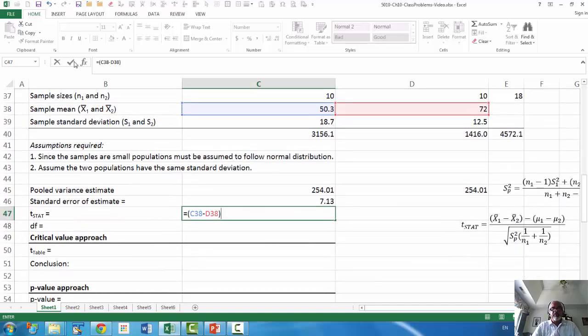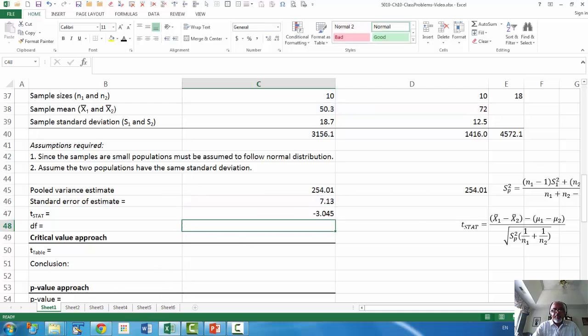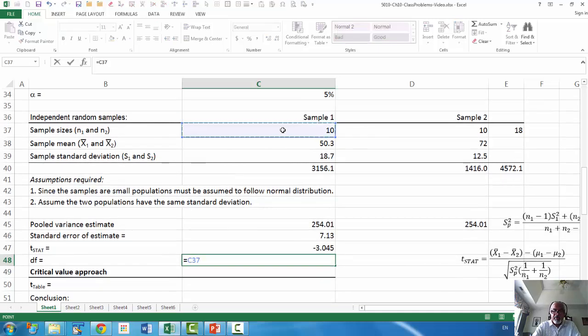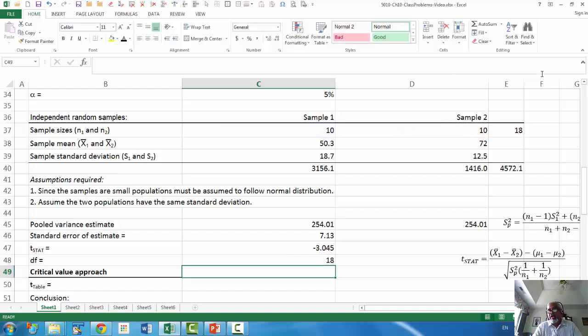So we have minus 0. We can skip that. Then divided by the standard error of estimate. That will give us the value for the T statistic. The degrees of freedom, remember, is n sub 1 plus n sub 2 minus 2, which we have here.